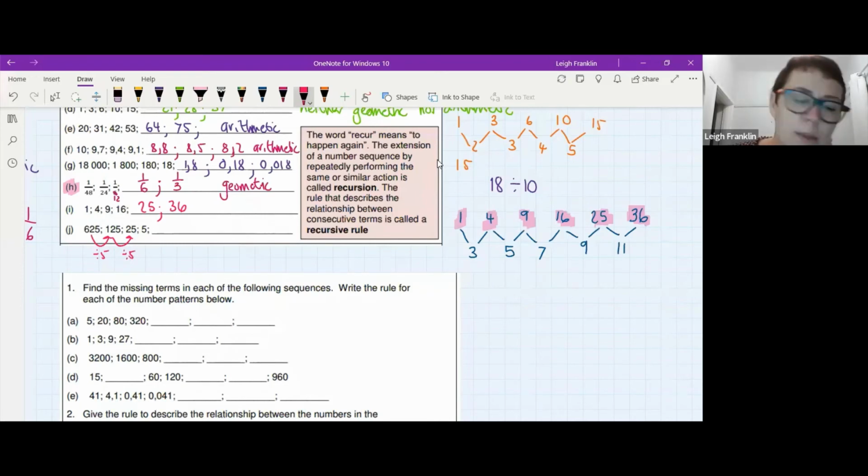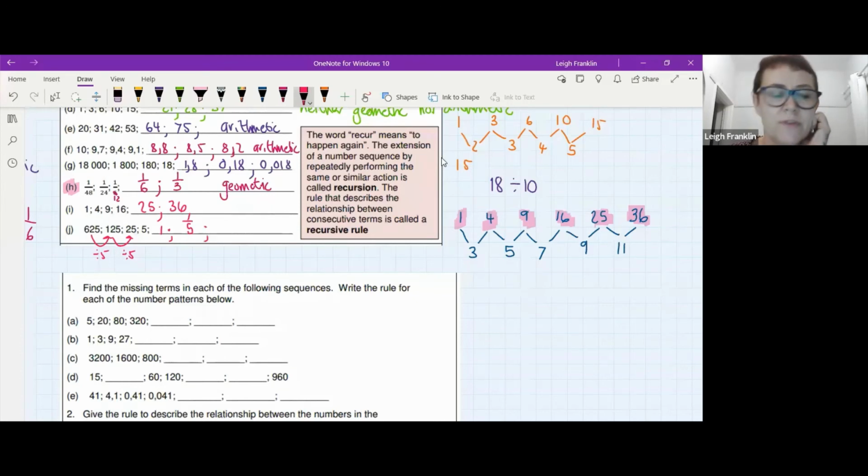So what's the next number in the pattern going to be, Anda? Five divided by 5 is 1. Okay, and then if we had to divide by 5 again, we would end up with 1 over 5, wouldn't we? Yes, absolutely.